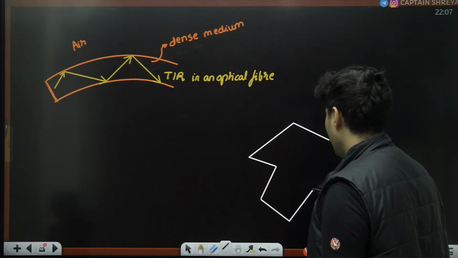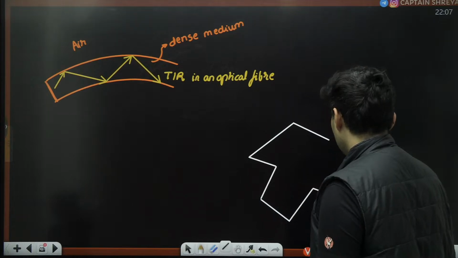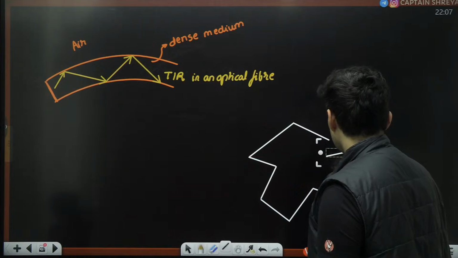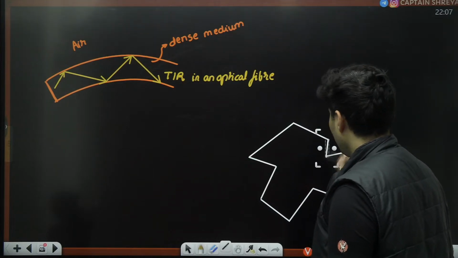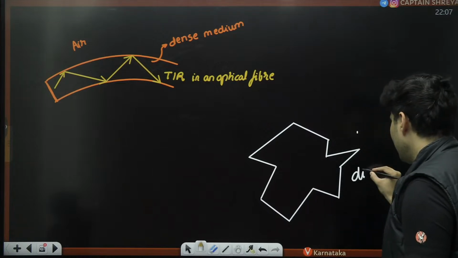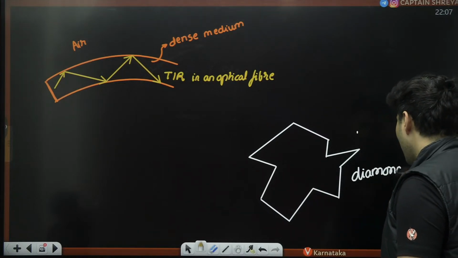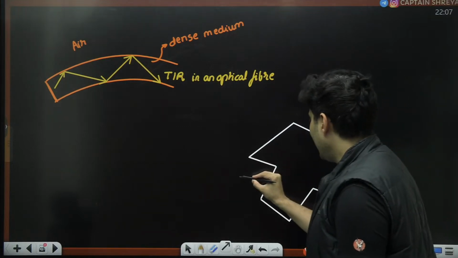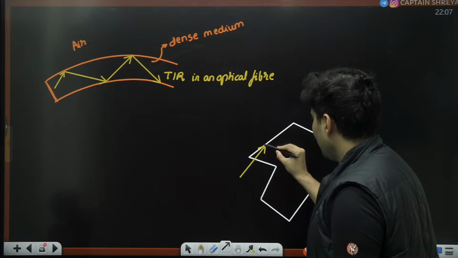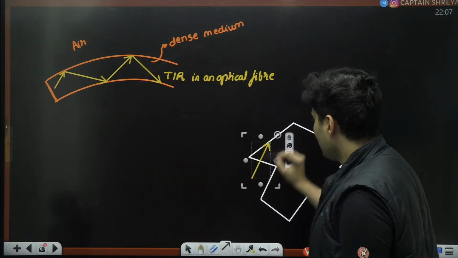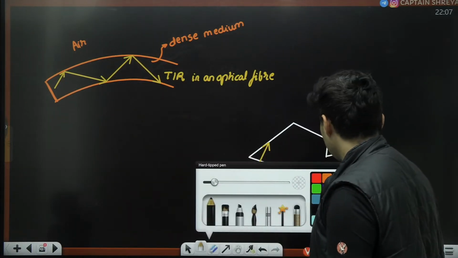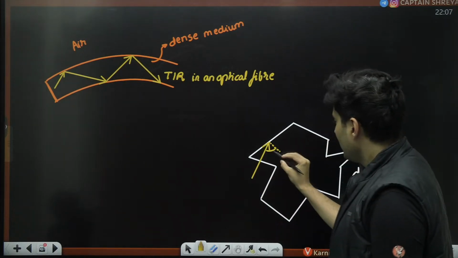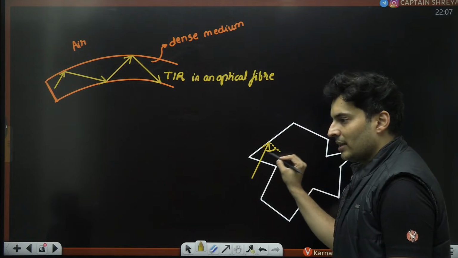Okay, so imagine this is, I've just taken some random thing over here. Imagine this is a diamond, and a diamond has a very, very high refractive index. So if light enters, let's say it enters here, most likely what will happen is, once it is inside, it will be at an angle much more than the critical angle.